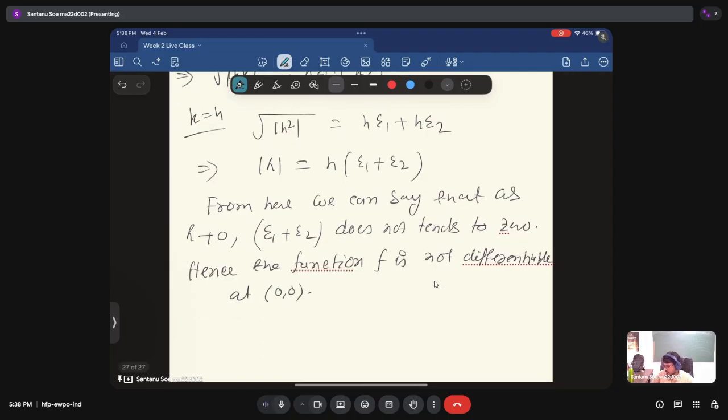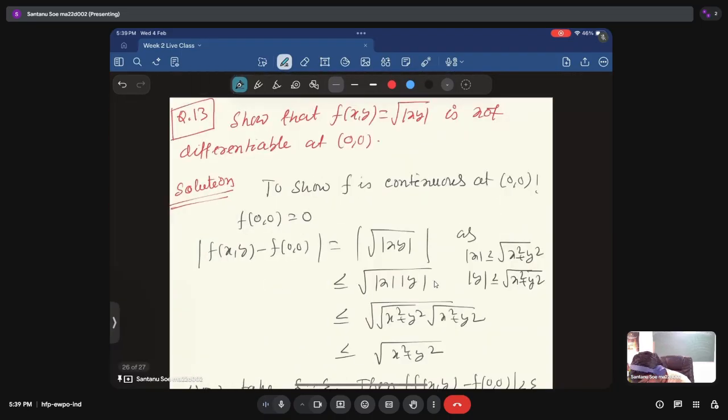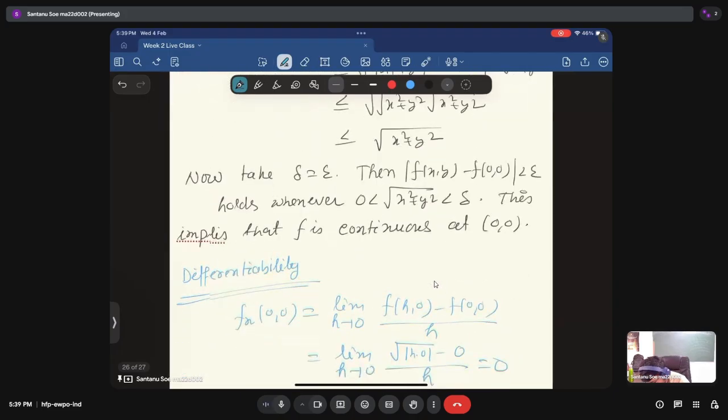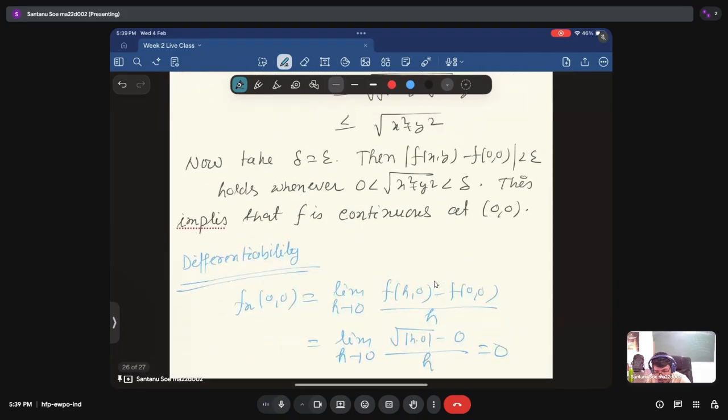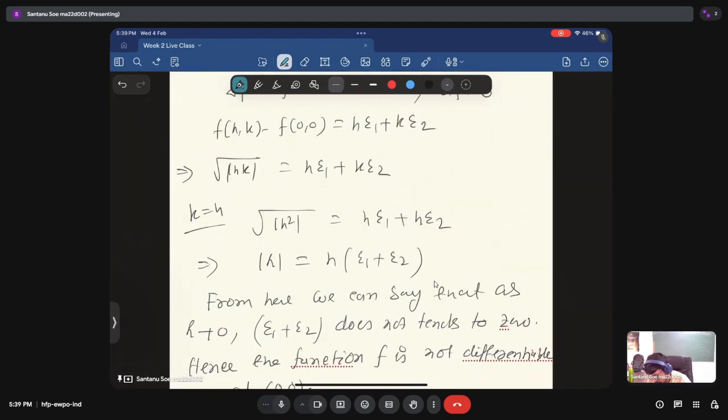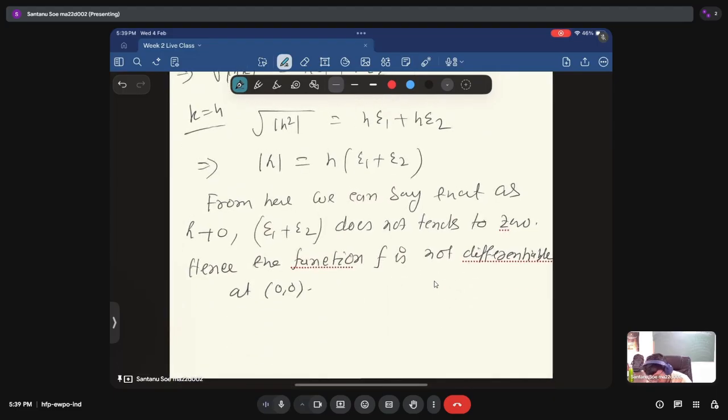Okay. So yeah, I think this is clear. So first, we have just shown the function is continuous at (0,0). Then we found out the partial derivatives with respect to x and y at the point (0,0). And then using the definition of differentiability, we showed that the function is not differentiable at the origin.